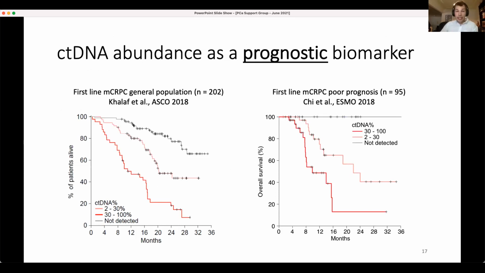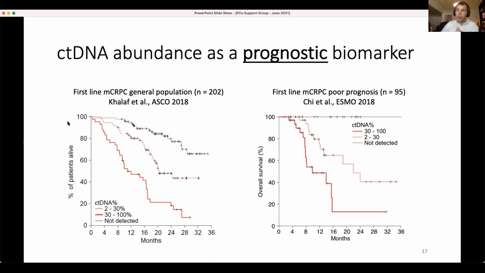So I'd like to give a couple of examples of these different prognostic and predictive biomarkers that we can actually detect using our convenient blood test. So I mentioned that the amount of circulating tumor DNA that you have in the blood correlates with prognosis. And so this, in fact, is in and of itself a prognostic biomarker. These here are called Kaplan-Meier curves.